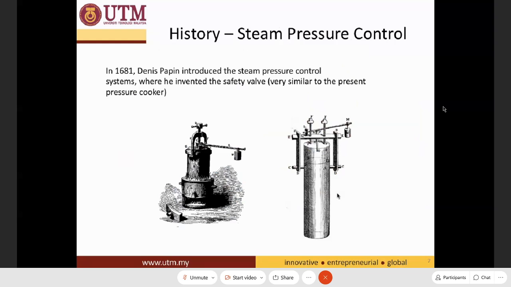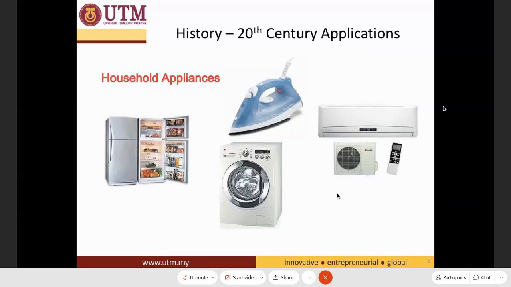So maybe this one, steam pressure cooker. Last time, the first pressure cooker design. So we have maybe your iron, washing machine, aircon, fan, and so on.